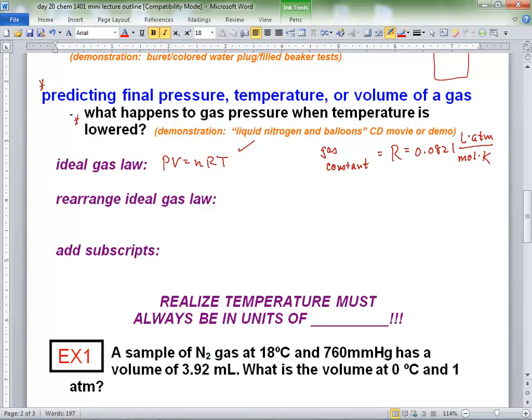Danielle, P is probably what of the gas? Pressure of the gas. And Erica, not only is P the pressure of the gas, if we're going to use that equation, it pretty much needs to be in what units according to this R?